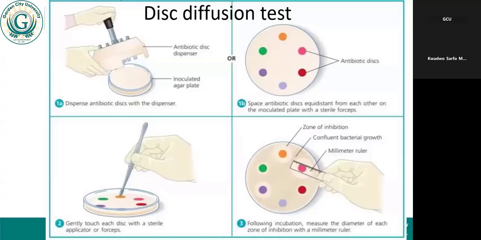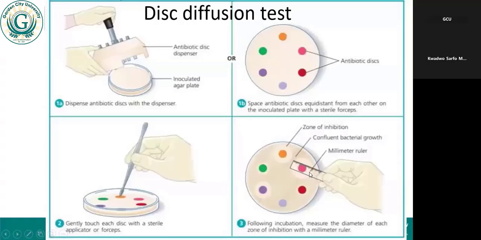You have a standard chart. What you have on the chart is the breakpoint. If what you measured is more than or equal to what is on the chart, that means the zone of inhibition is good enough and the organism is sensitive.